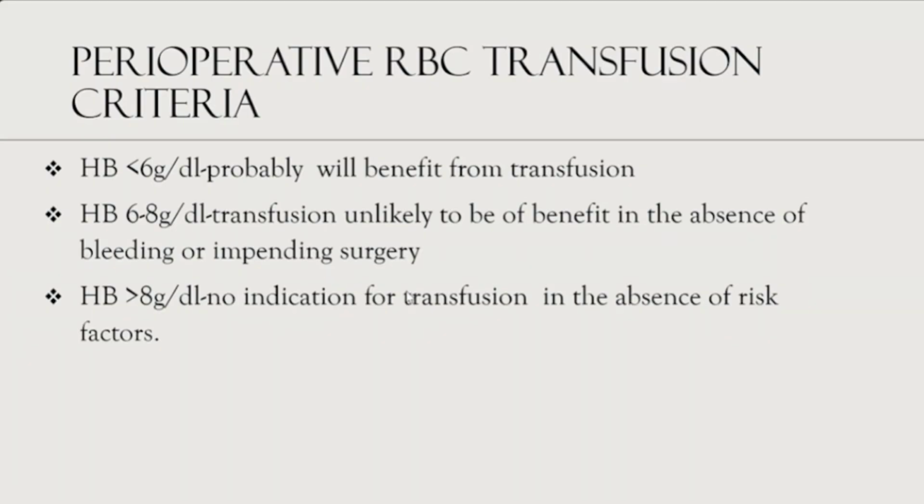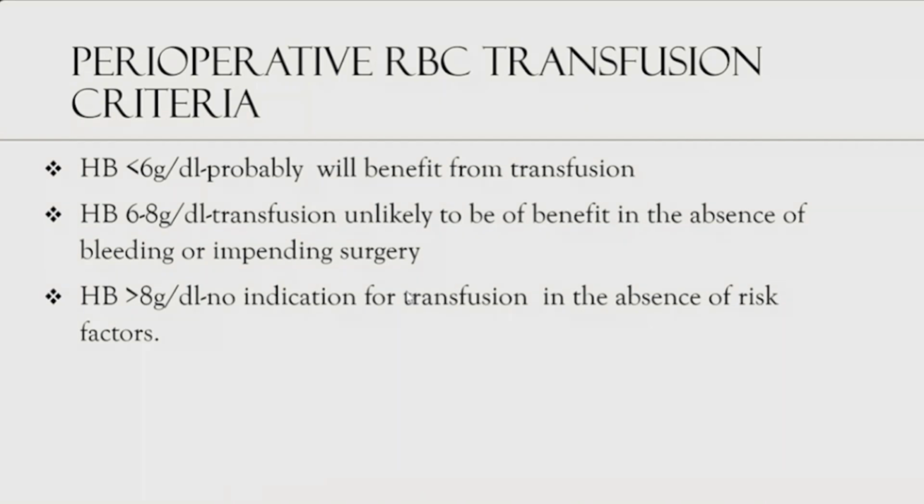So we have the perioperative transfusion criteria. So red blood cell transfusion criteria. If the patient's hemoglobin is less than 6 grams per deciliter, then they have a high possibility that they are going to benefit from this transfusion.